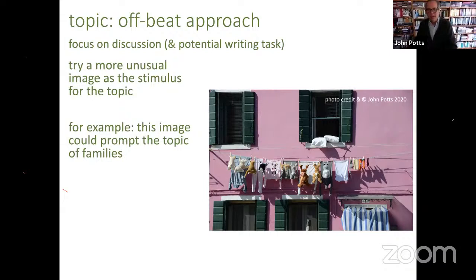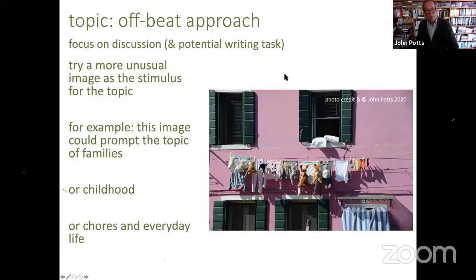A kid's room outside, yes. Or it could focus on childhood, couldn't it? On the toys. Somebody's mentioned stuffed toys already. So maybe the picture is a stimulus to childhood, discussing childhood. Or maybe it just talks about the mundane aspect of everyday life.